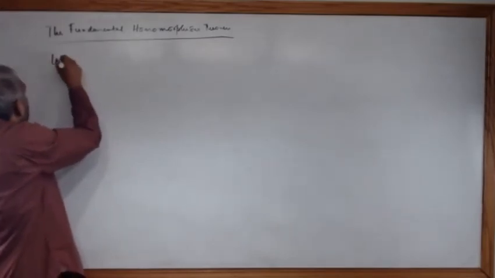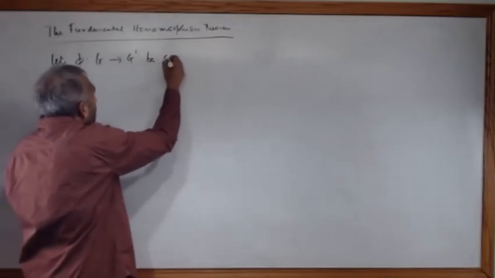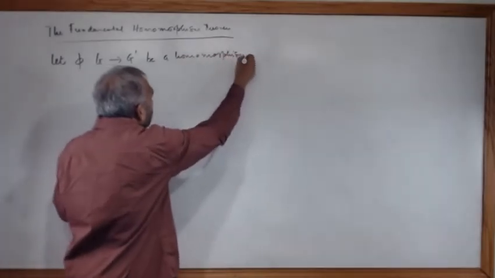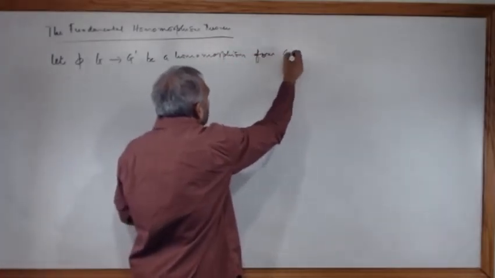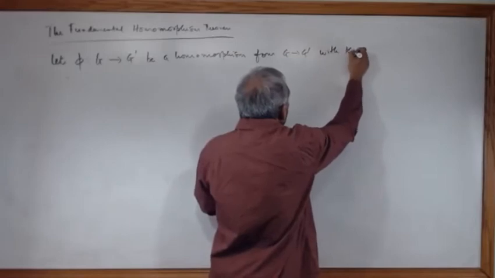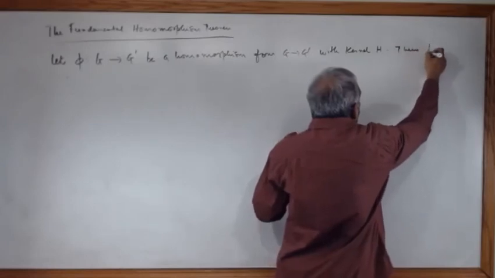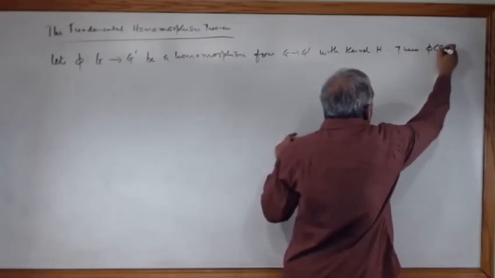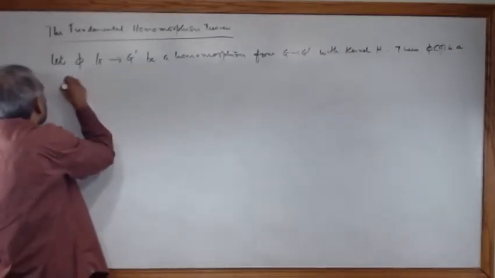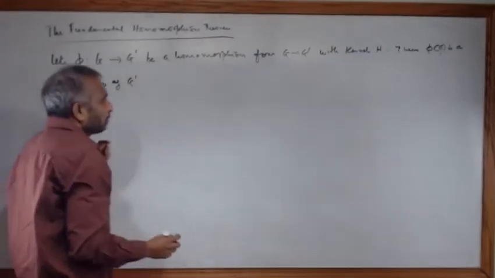So let phi be a homomorphism from G to G prime with the kernel H. Then phi of G is a subgroup of G prime.